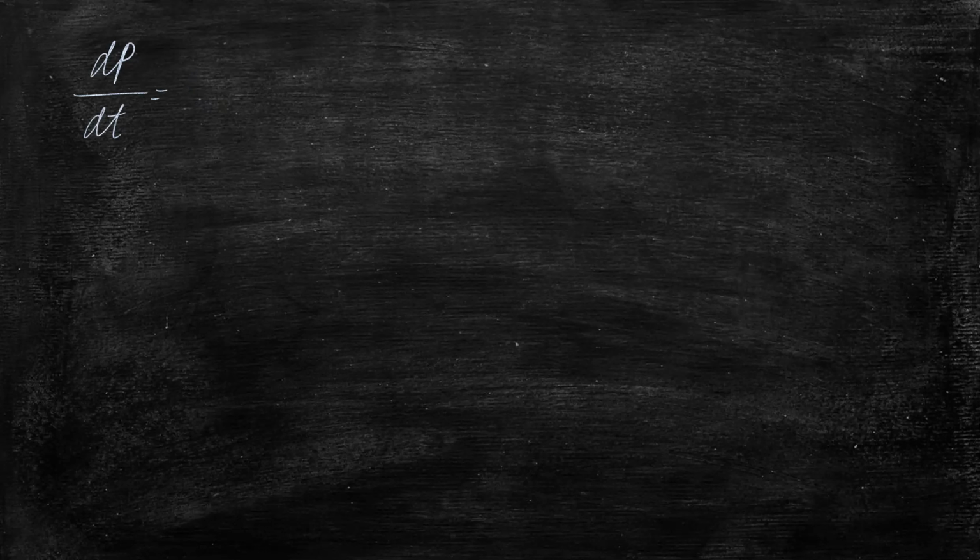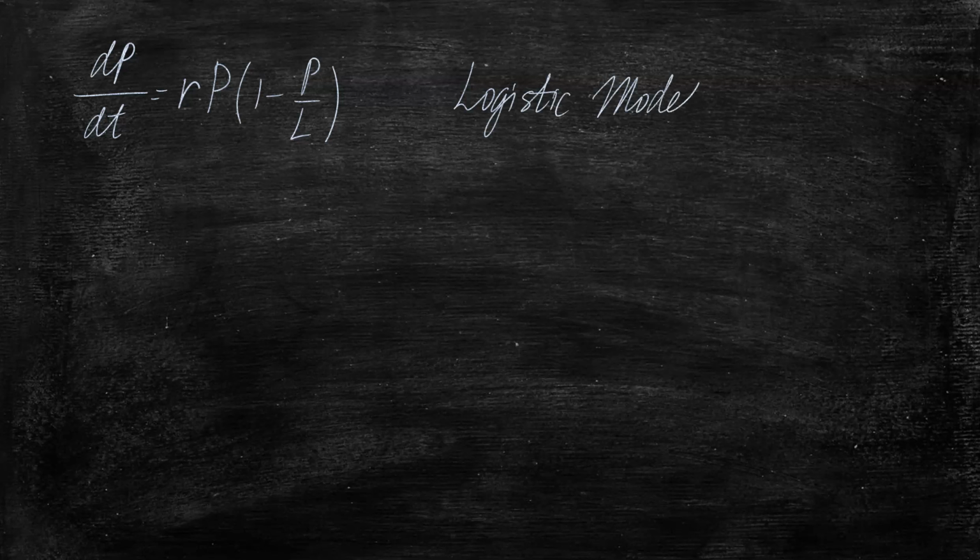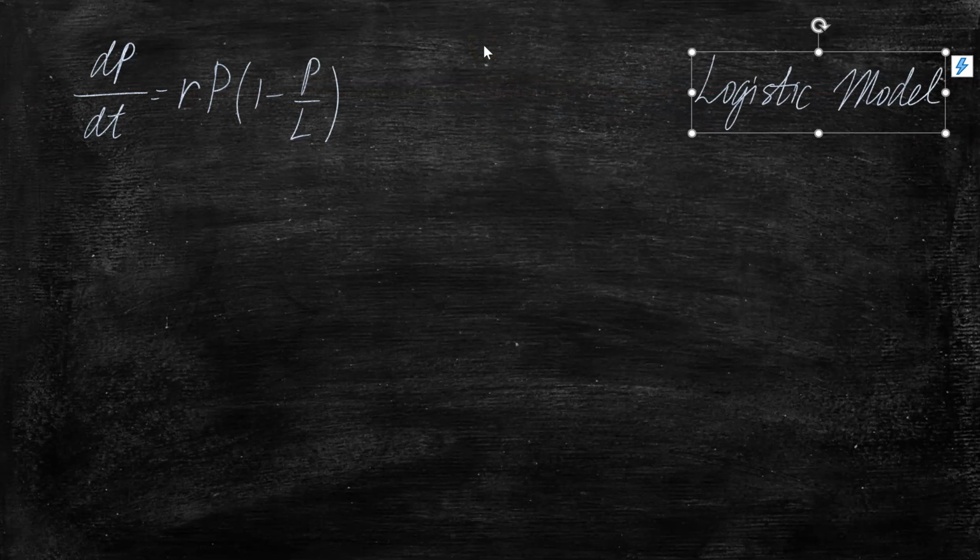And just like in the unlimited growth model, let's just use R instead of K. In algebra, K is good for coefficient of proportionality, but here R will represent the rate of growth. So we started with this differential equation, which we can call the logistic model, and it was an initial value problem.